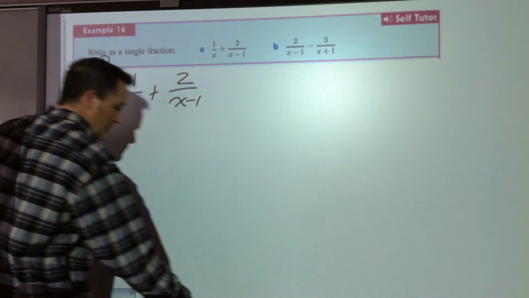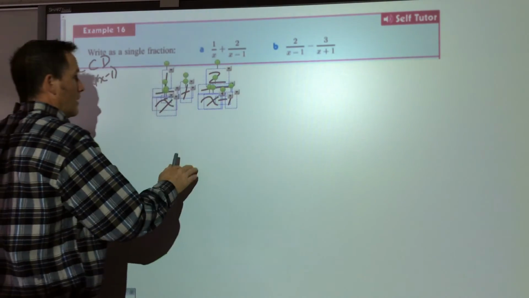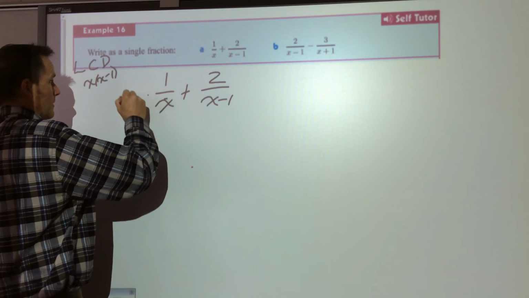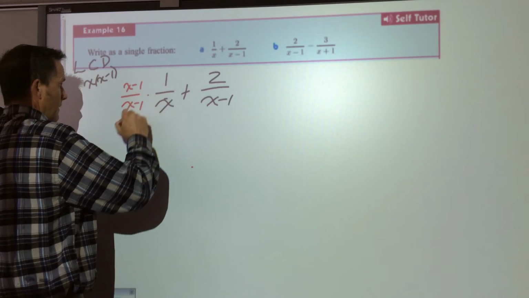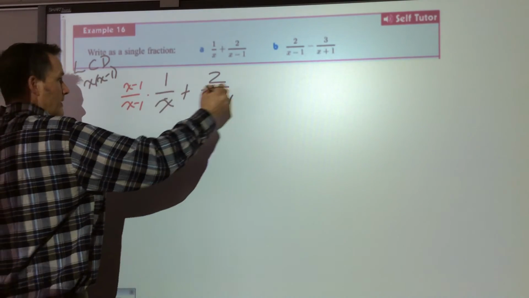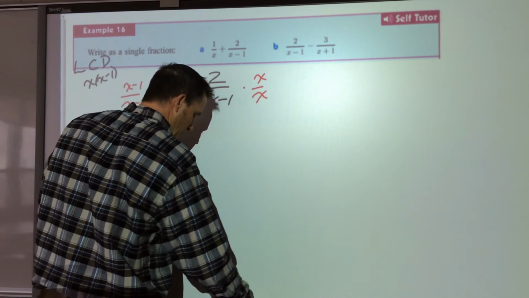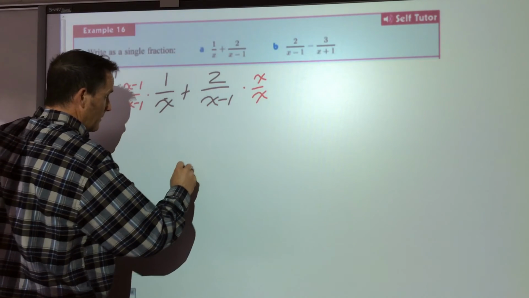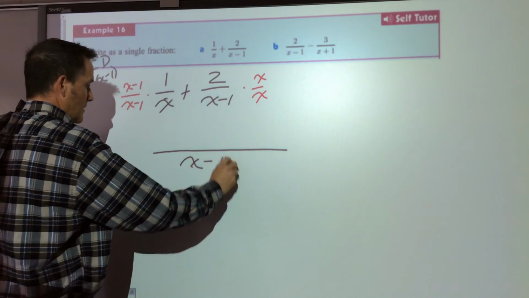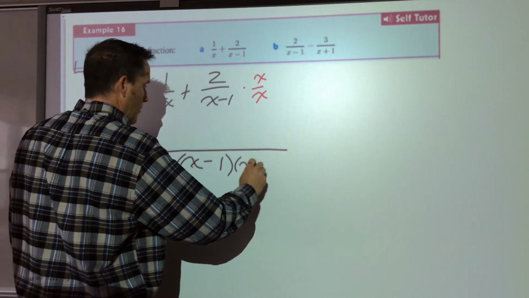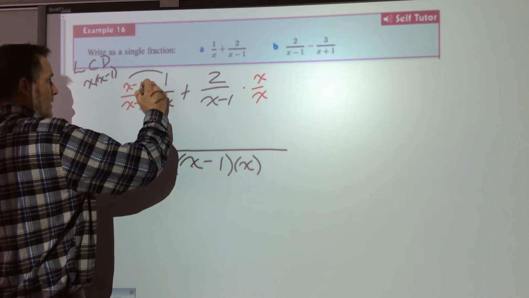I'm going to multiply this one by x minus 1 over x minus 1. And this is all going to be multiplied by x over x. That'll create the common denominator of x minus 1 times x. x times 1, negative 1 times 1.